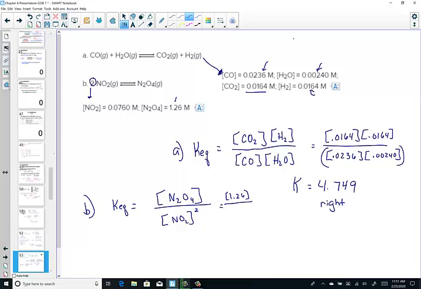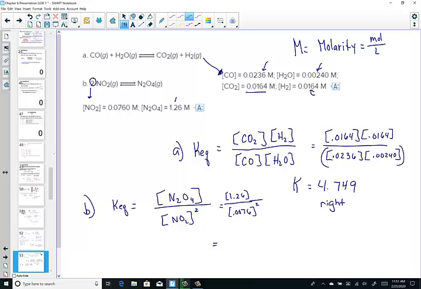Capital M equals molar, molarity, which is moles per liter. A concentration unit. 1.26 set over 0.0076 molar units, and that needs to be squared. Let's see what we find.